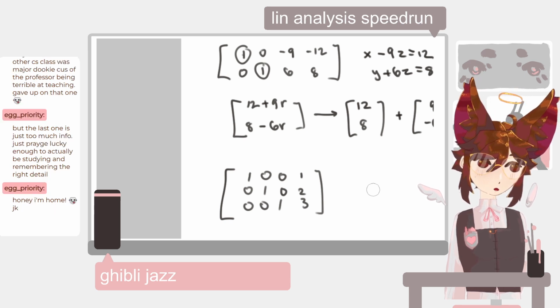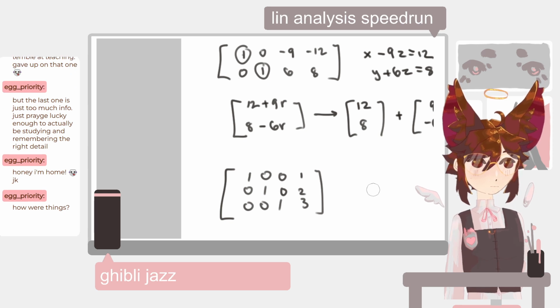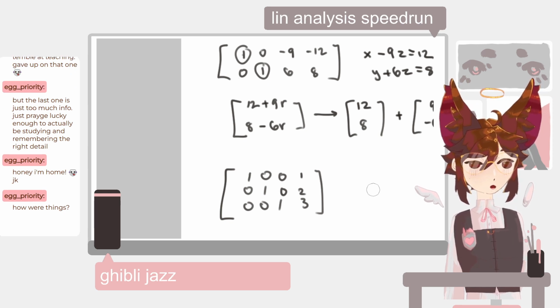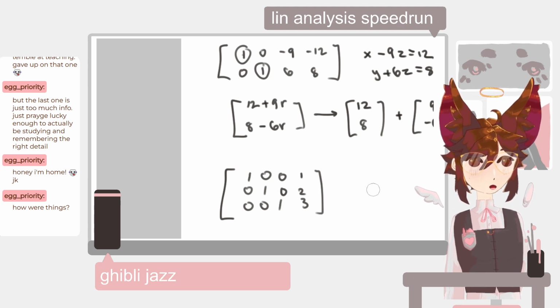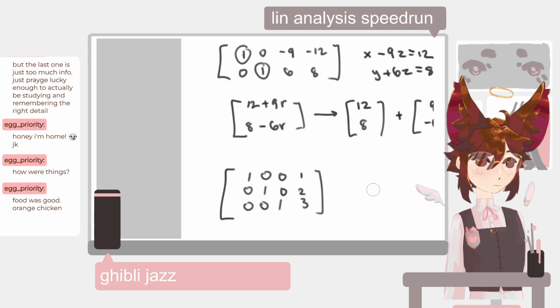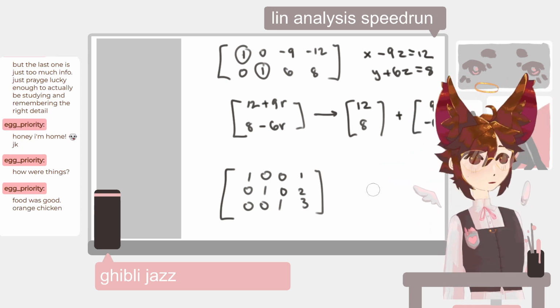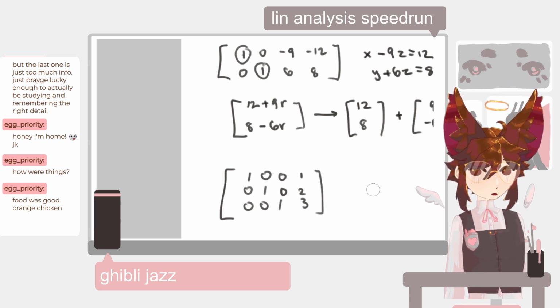I can talk about, hey, you're back. How was food? How were things? Things are good. Just doing some matrices, doing some linear algebra. It's a lot easier to speedrun the basics of linear algebra than it is to speedrun differential equations. Orange chicken? Oh, I'm gonna get that for dinner. I'm actually gonna do that right now. What if I got it now?